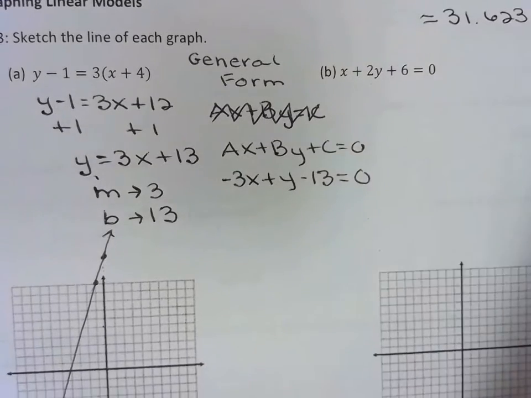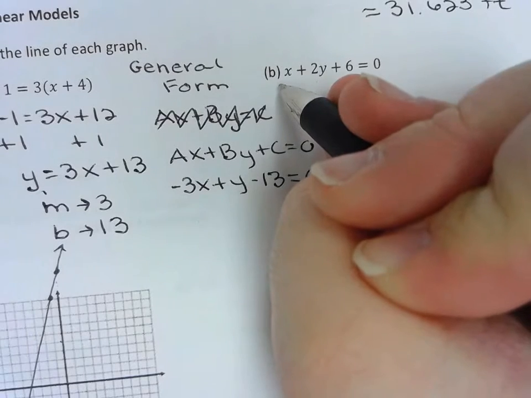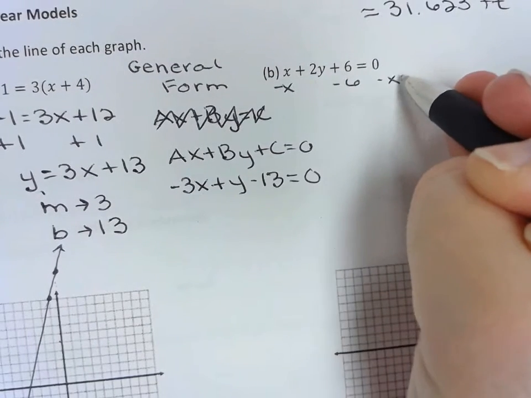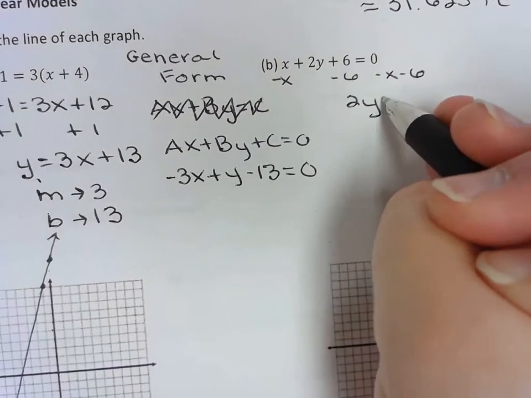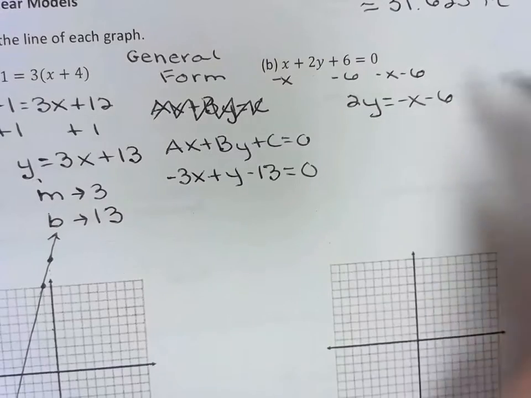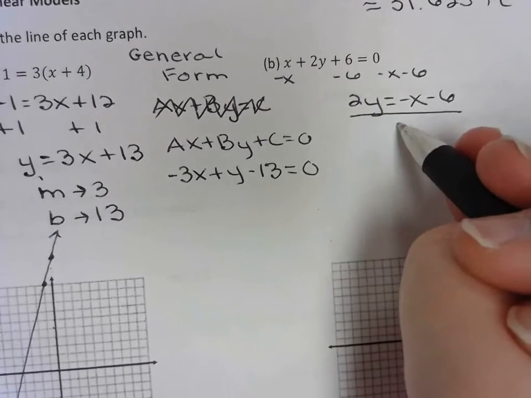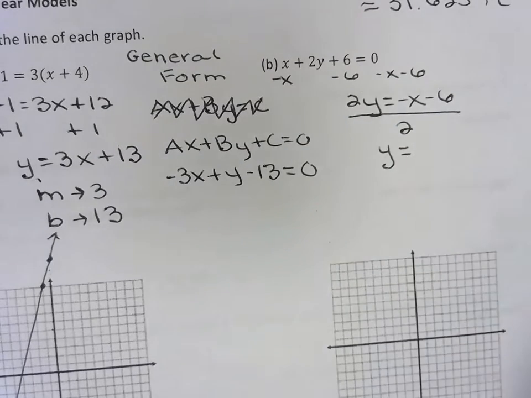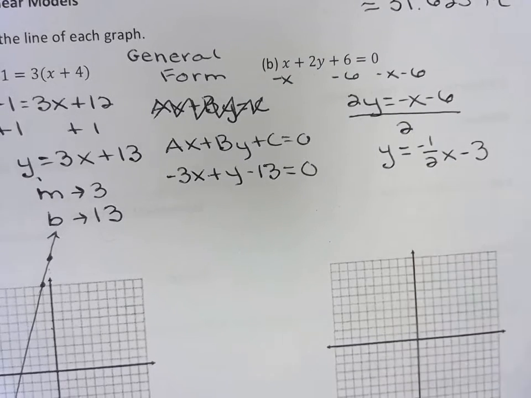So let's go ahead, slope-intercept form. First thing I would do would be what? Take the x and 6. Yep, subtract the x, subtract the 6 to the right side. So 2y equals negative x minus 6. Divide by 2. So y equals negative 1/2 x minus 3.